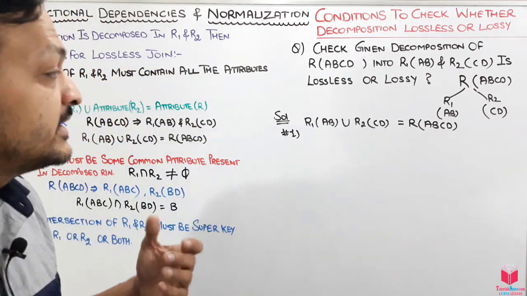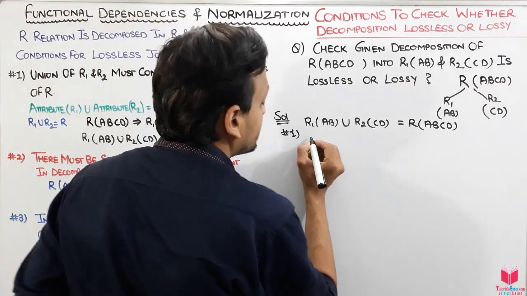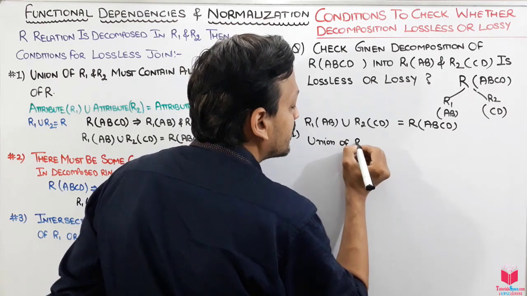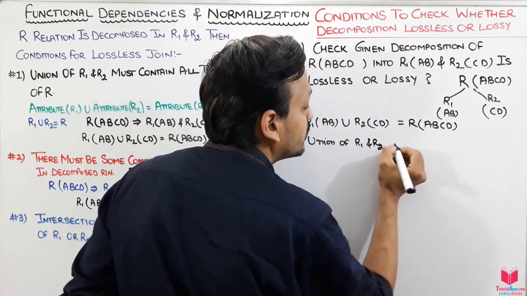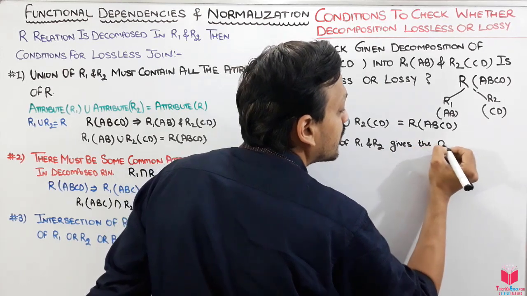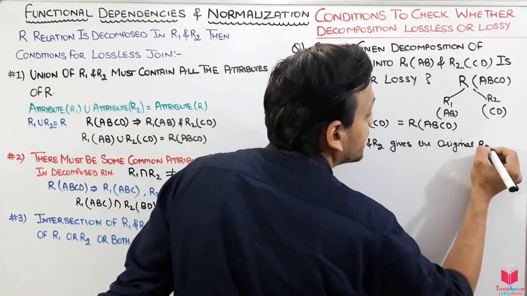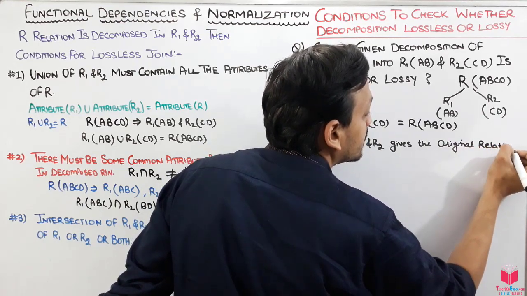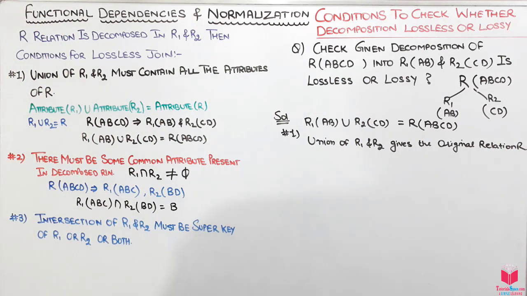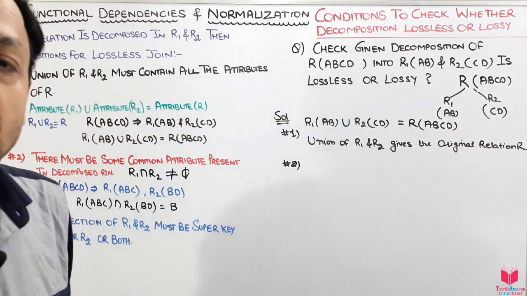So that means it successfully passed the first condition. So we will write that the union of R1 and R2 gives the original relation R.